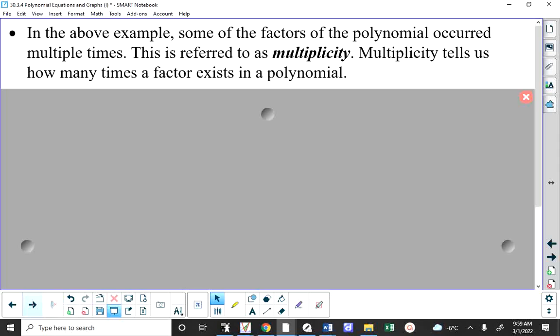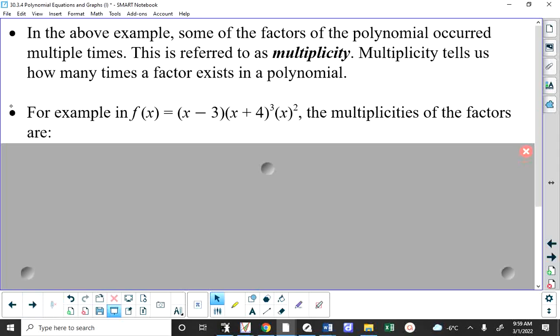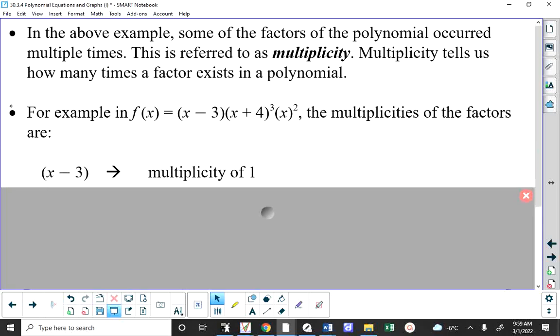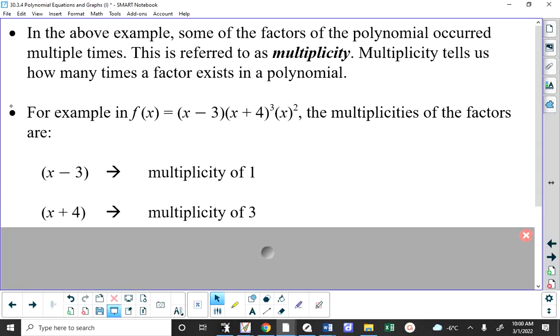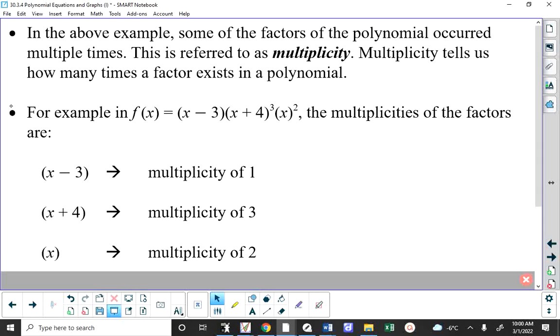So in this example that we just looked at, x minus 3 has a multiplicity of 1 because the exponent on it is 1. And that means the corresponding x-intercept is clean. x plus 4 has a multiplicity of 3 because 3 is the exponent on the x plus 4. And that's shape-wise called an inflection point. And the x has a multiplicity of 2 because x as a factor is raised to the 2, and that's tangent.